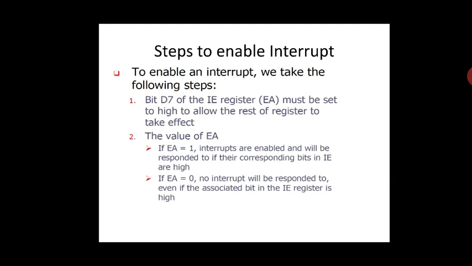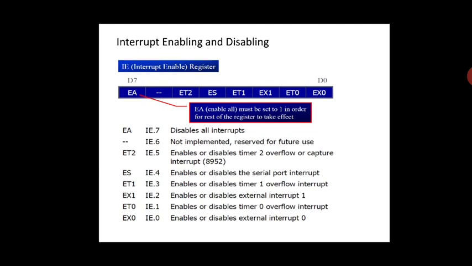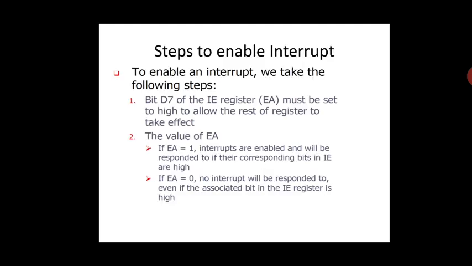It must be set high to allow the rest of the register to take effect. If EA is equal to 1, interrupts are enabled and will be responded to when the corresponding bits in IE are high, meaning it is ready to accept the interrupt.